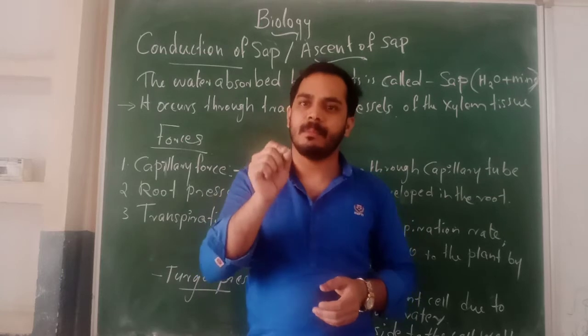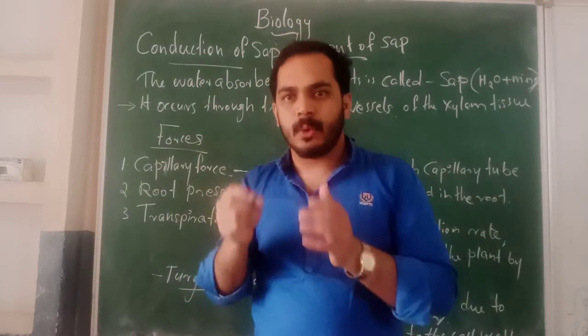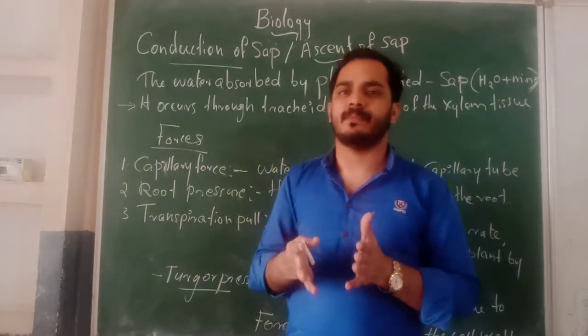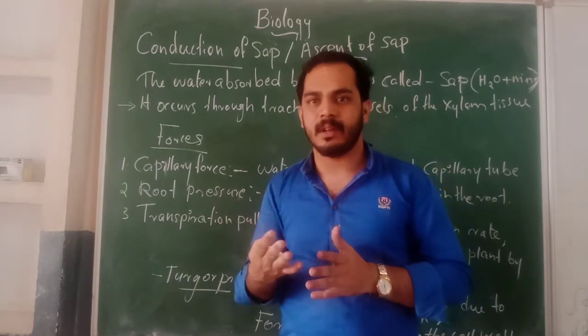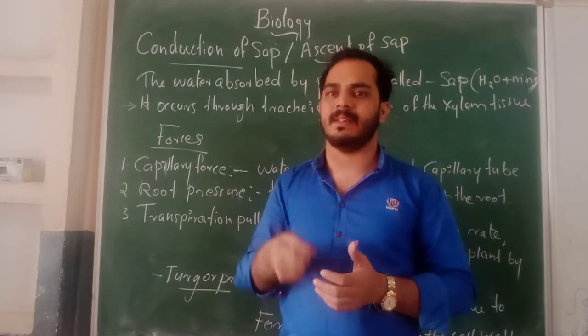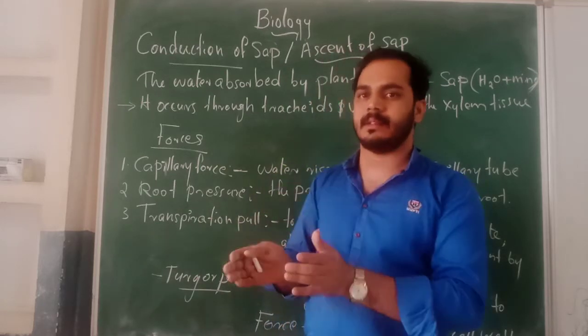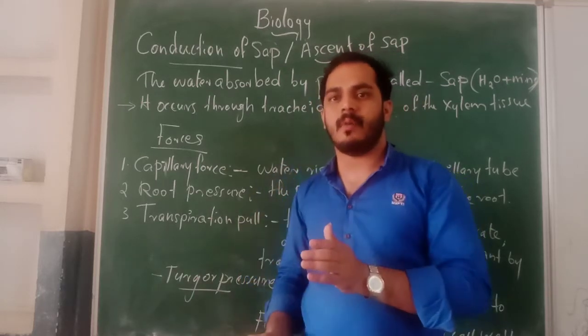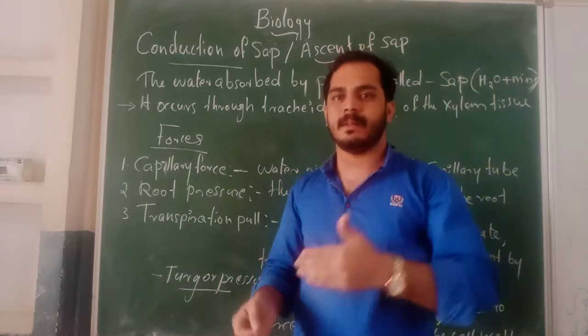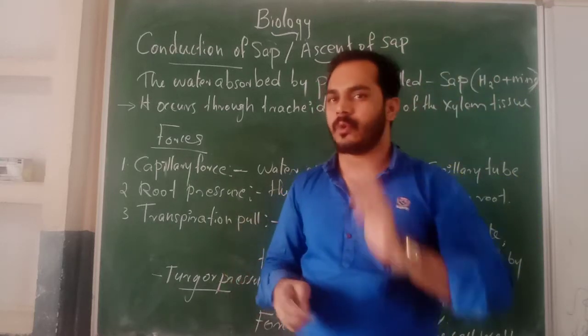The xylem tissue includes different types of cells, tracheids, vessels, and these cells help move the minerals and the water from the higher concentration to the lower concentration.